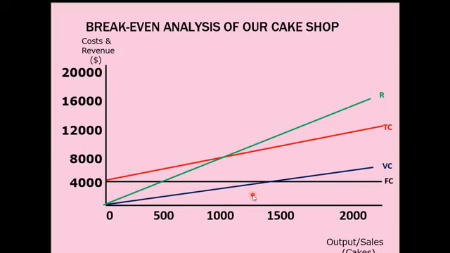Don't forget, as I told you earlier, your focus should be on total cost and revenue, because these are the two lines that will determine your break-even. Where they intersect each other is your break-even point. And from this example, this is it here, where they intersect. This is our break-even point.